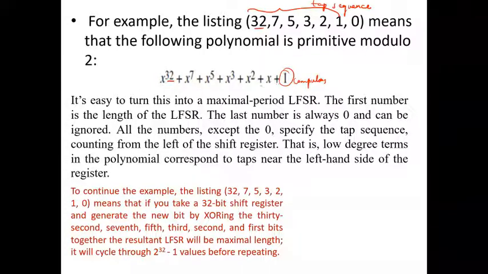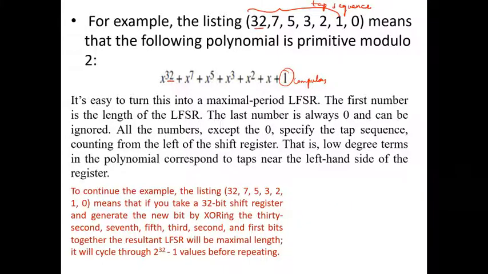So if I have to turn this into a maximal length LFSR, it is very easy: the last value will always be 0 and all other numbers except 0 will specify the tap sequence counting from the left of the shift register. Low degree terms in the polynomial correspond to taps near the left hand side of the register.